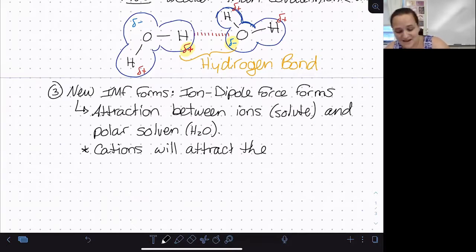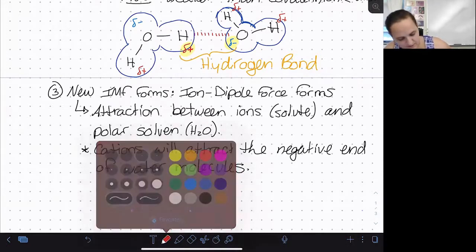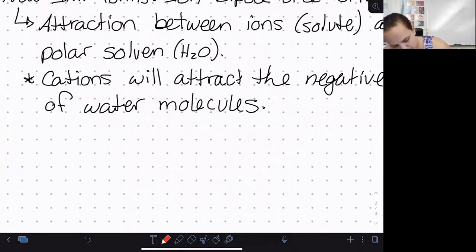Cations will attract the negative end of the water molecules. So continuing to use sodium chloride as an example, if we have our sodium cation after it has dissolved, the negative end of a water molecule is the oxygen.